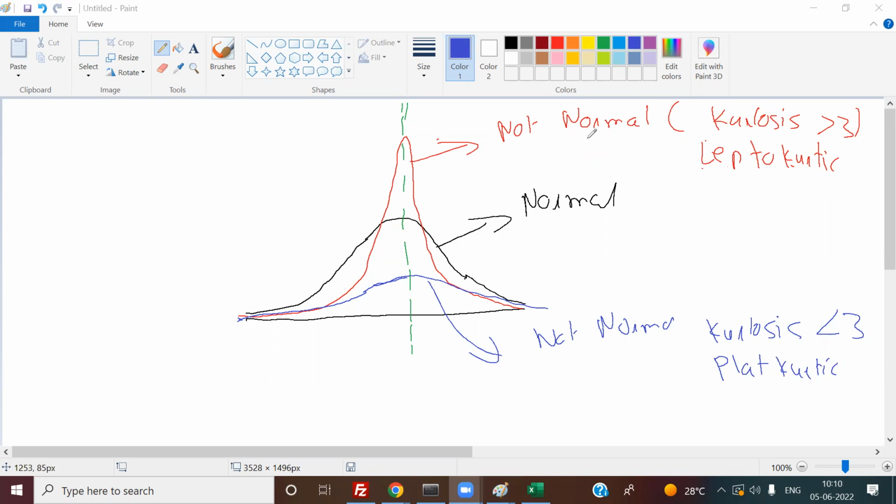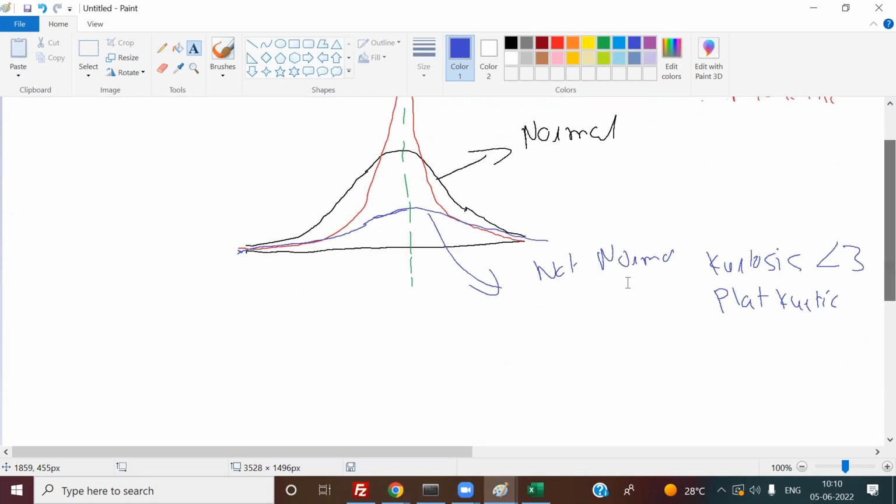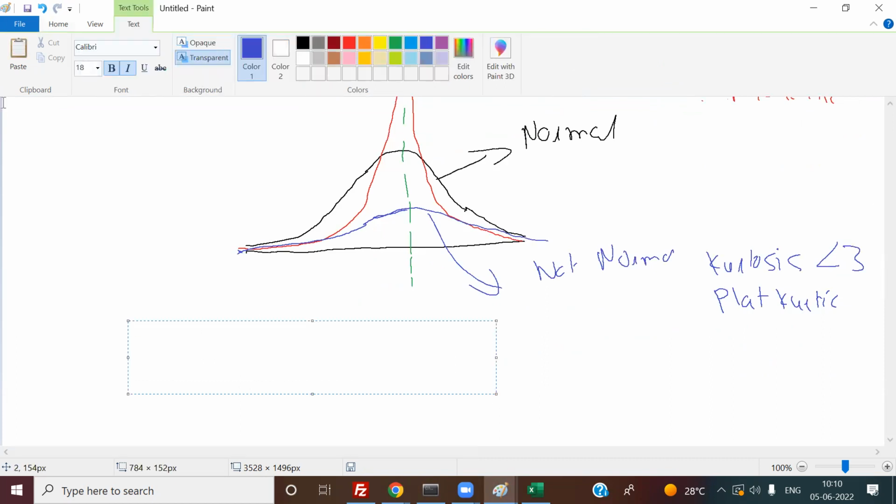Okay. So the best way to understand what is kurtosis. Kurtosis is the measure of weakness. If values suddenly increase and suddenly decrease, then again it is not a normal distribution.